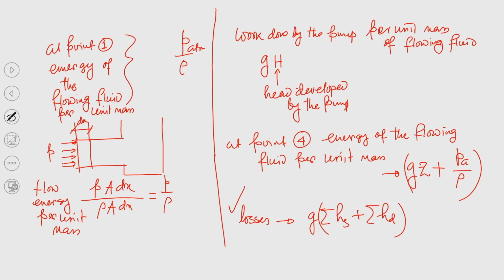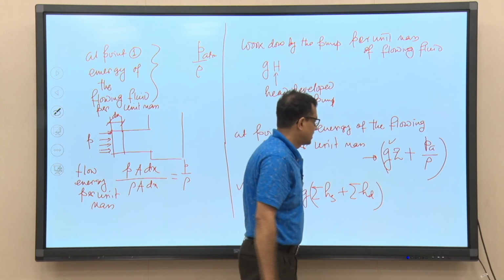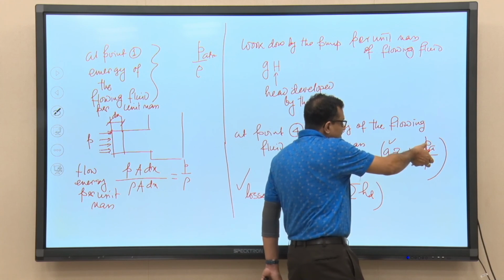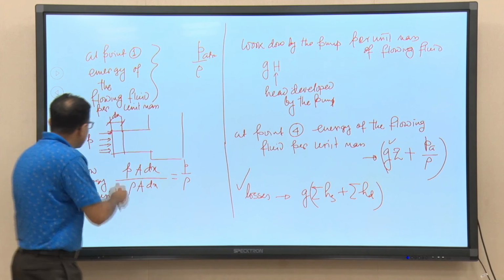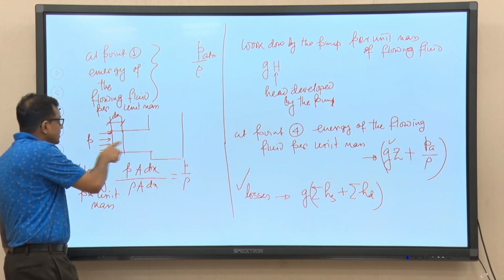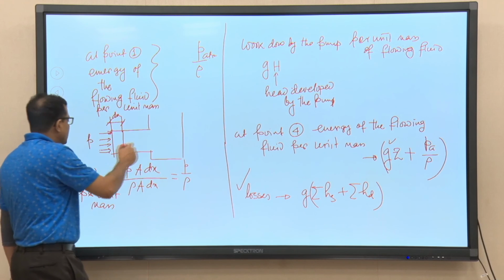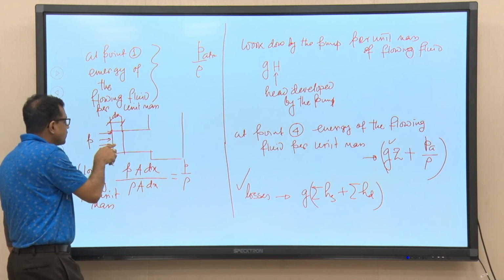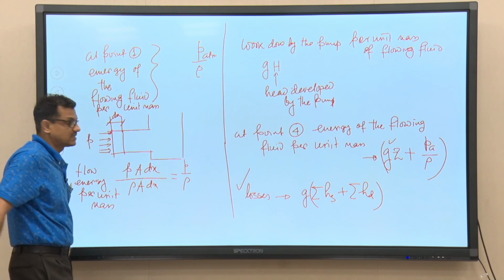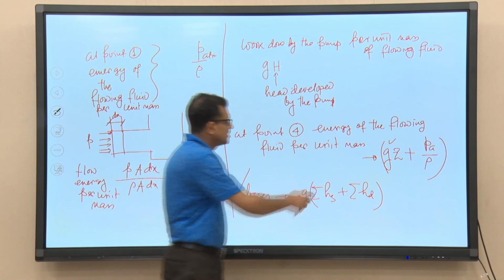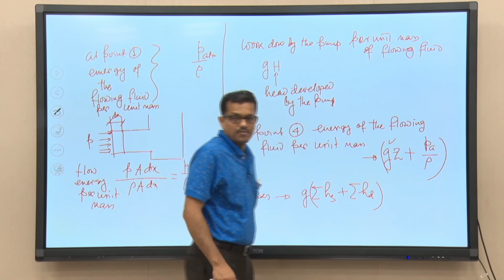So, this is the work done by the pump, right, and this is the amount of energy required to maintain the flow. That is what I had shown over here, that if this is the delivery tank and there is a continuous flow, the amount of energy required to maintain the flow in presence of the atmospheric pressure is P A by rho, and this is the work done by the pump.